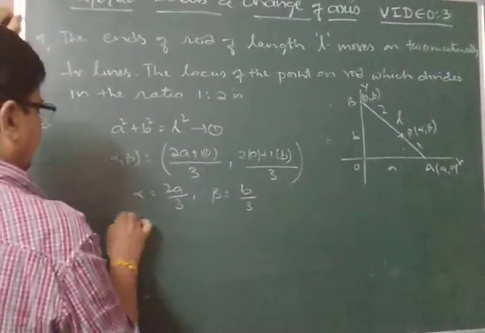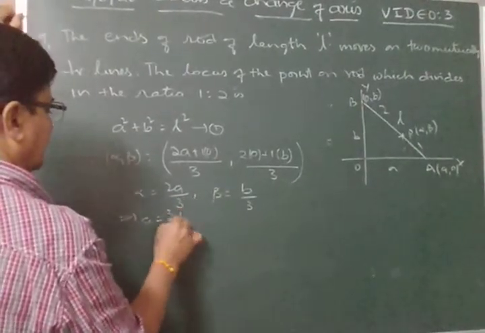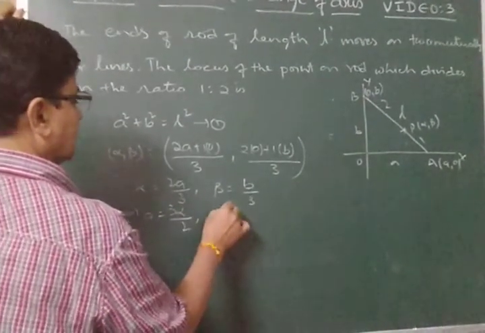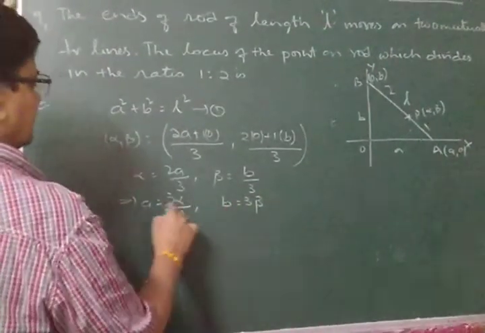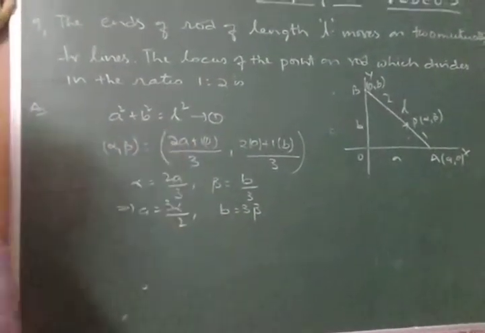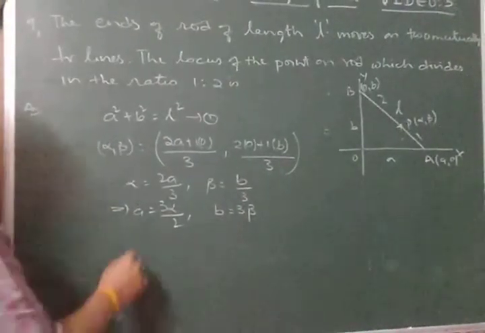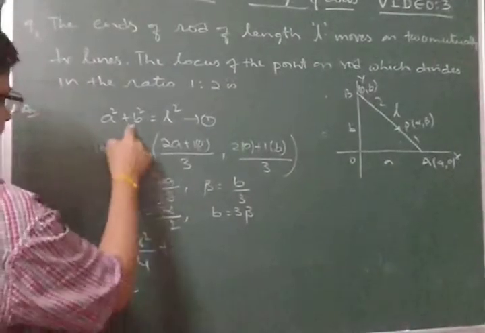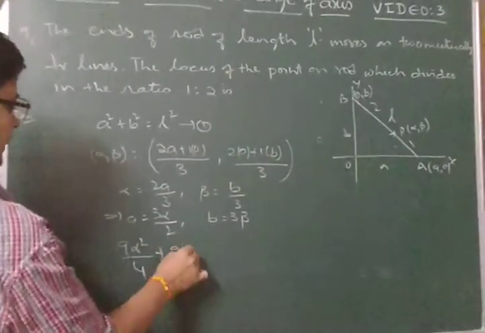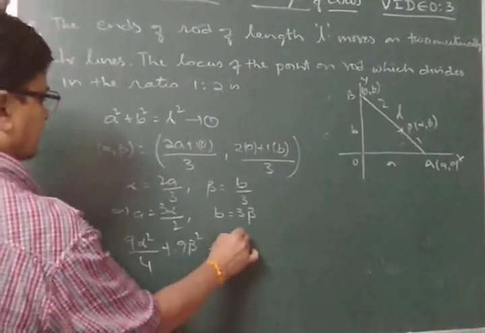Now we want to find a is equal to 3 alpha by 2, b is equal to 3 beta. A and b are substituted in equation number 1, where a is equal to 9 alpha square by 4 plus b means 9 beta square is equal to L square.